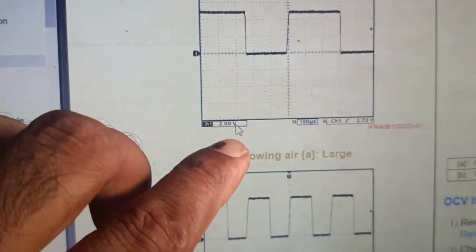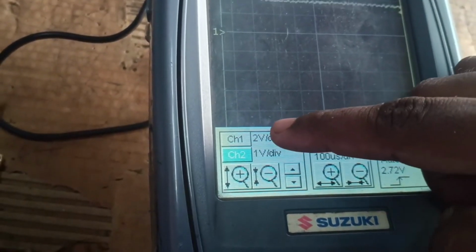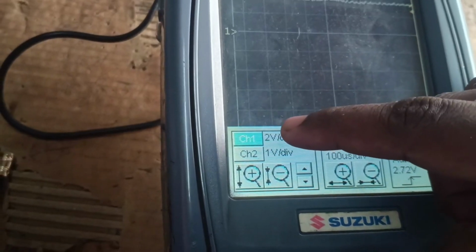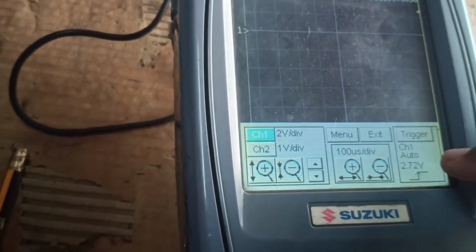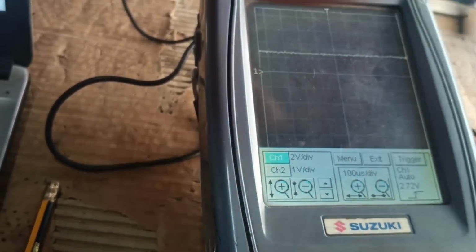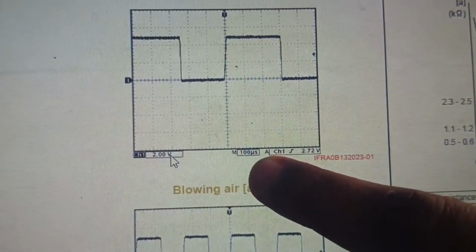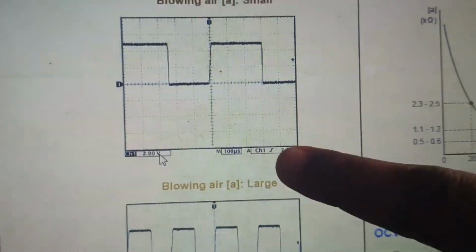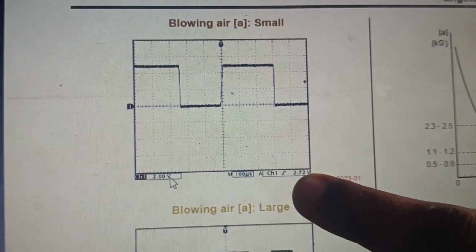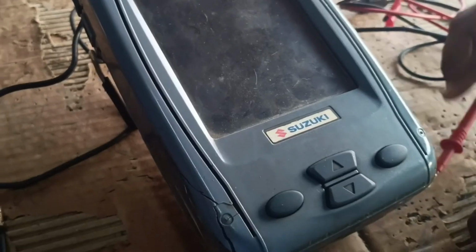First we set channel 1 to 2 volt per division. Then 100 microseconds. This is the value, 100 microseconds. Then we need to set 2.72 volt.